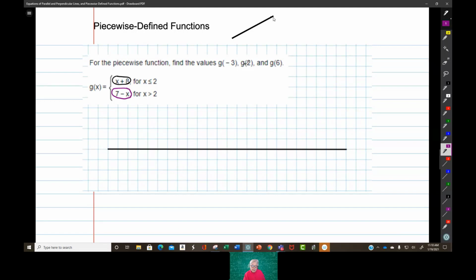Then what this says is that at x equals 2, these guys change, and you have a different function over here. So this is y equals x plus 8.